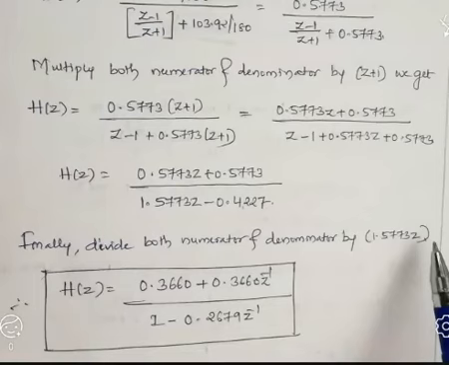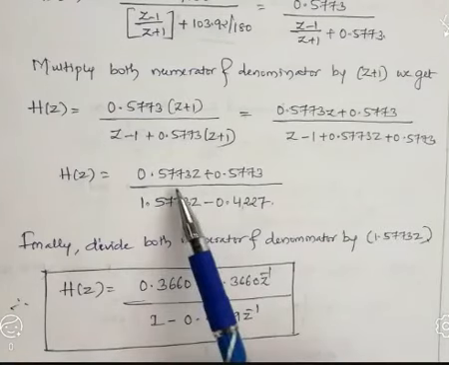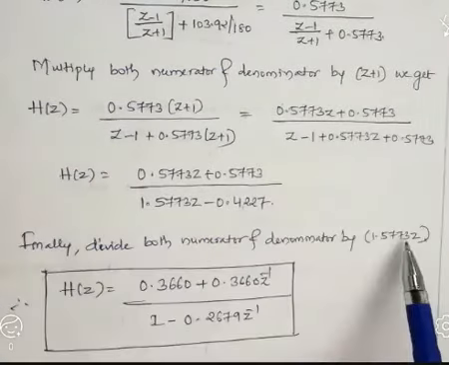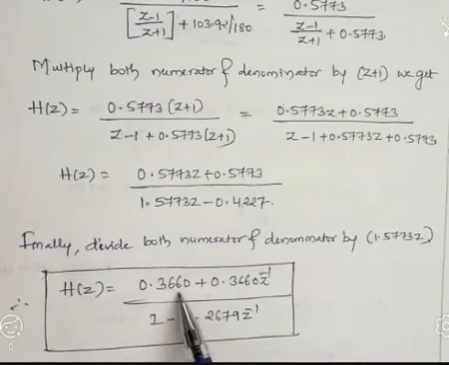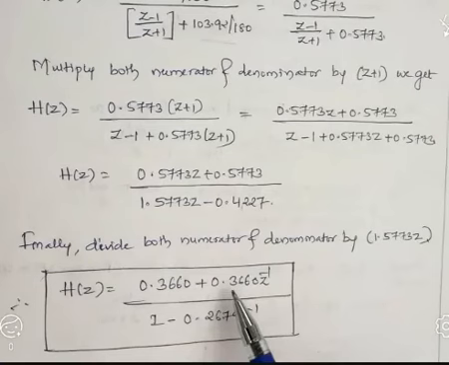So it becomes 0.5773 divided by 1.5773, which gives 0.3660, plus similarly 0.3660 z to the power minus 1.